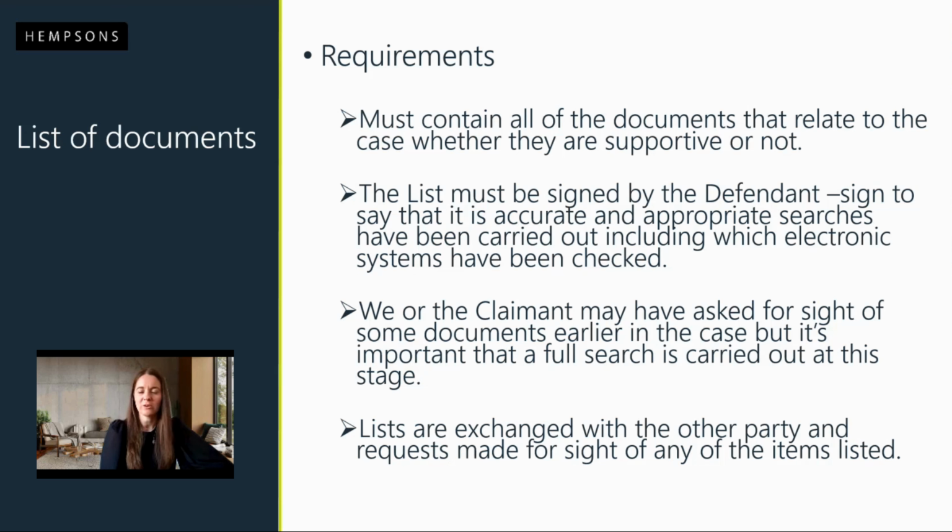So what you'll often find is that we want to make sure we have all of those documents available and to hand at the time of including them on the list of documents, if we've not already had them before, just so we don't come up against any difficulties when it comes to having to disclose them and comply with those court directions.